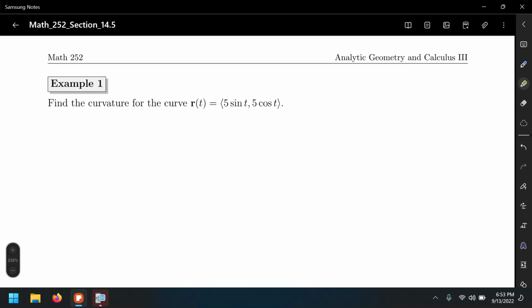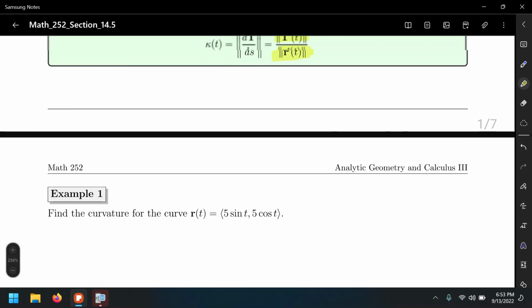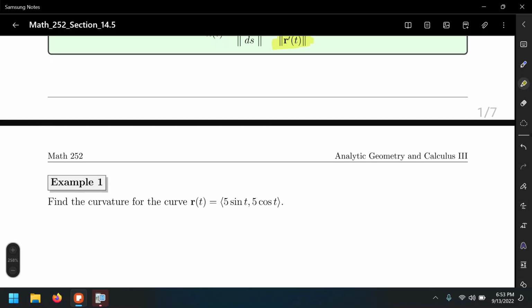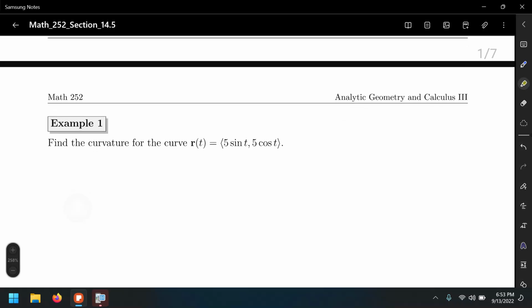So number one, what do we do? Let's find, in this case, two pieces of information. The derivative of the unit tangent vector, which is the quotient between the derivative vector and its magnitude, and we also need to find the derivative of that. I mean, the magnitude of the derivative of the vector.